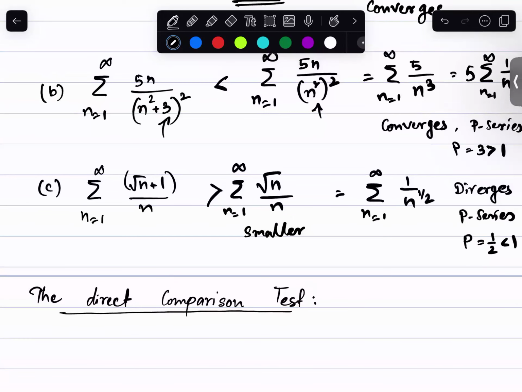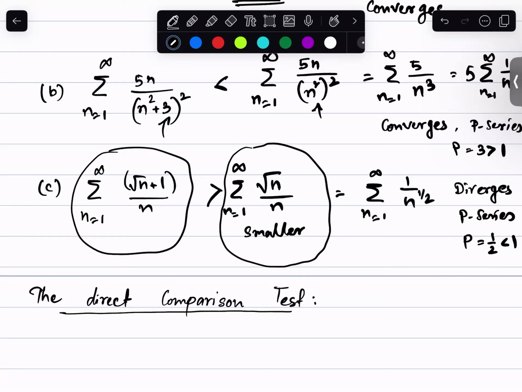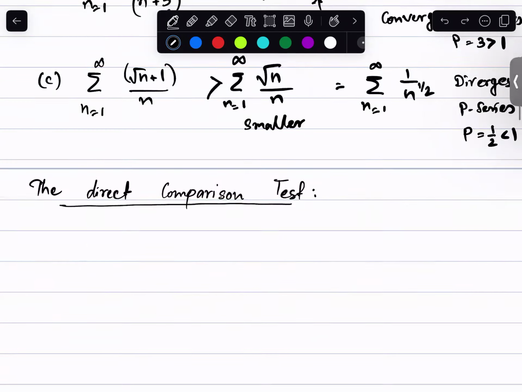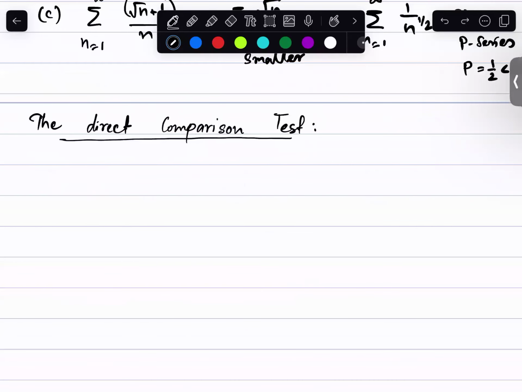The question is, can we again relate the divergence of the right-hand side to the left-hand side somehow? Okay. The answer is yes. We can do that due to the direct comparison test. Okay, what does the comparison test state?